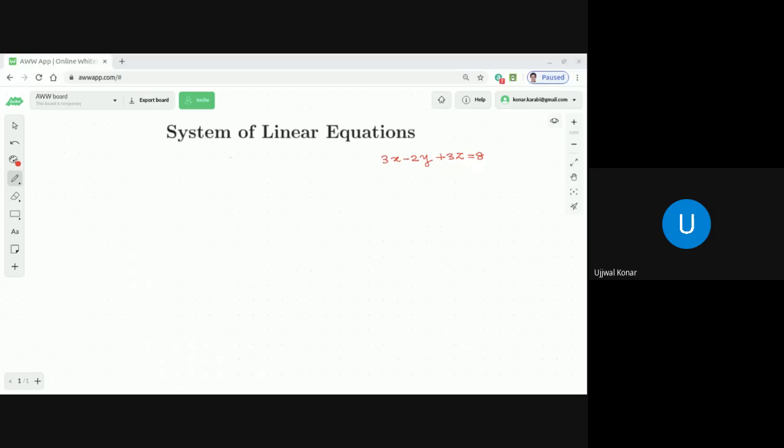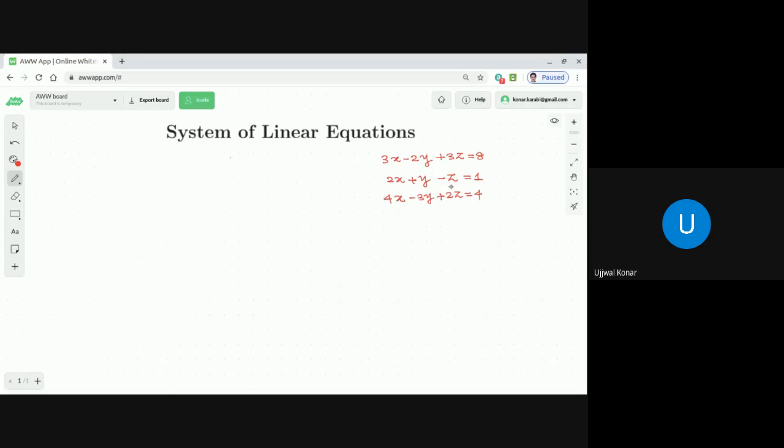Second one is 2x plus y minus z equal to 1. And third one is 4x minus 3y plus 2z equal to 4.